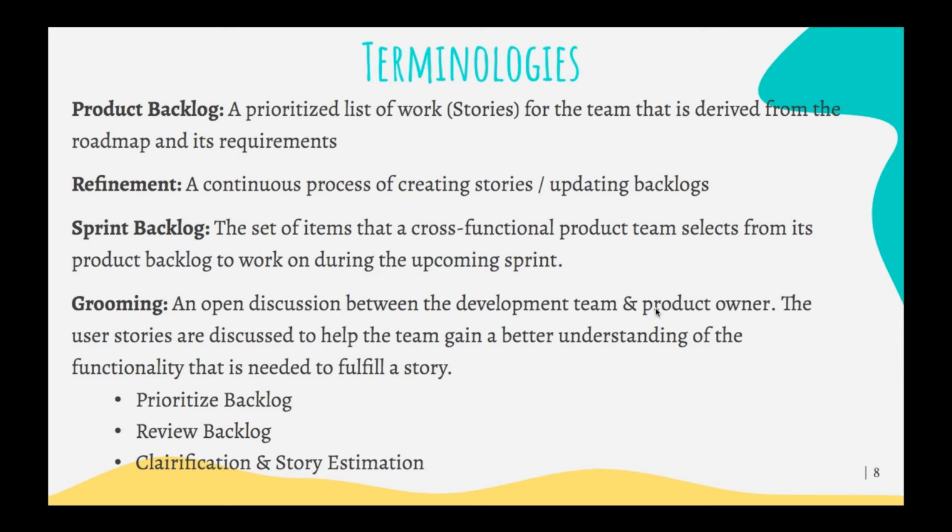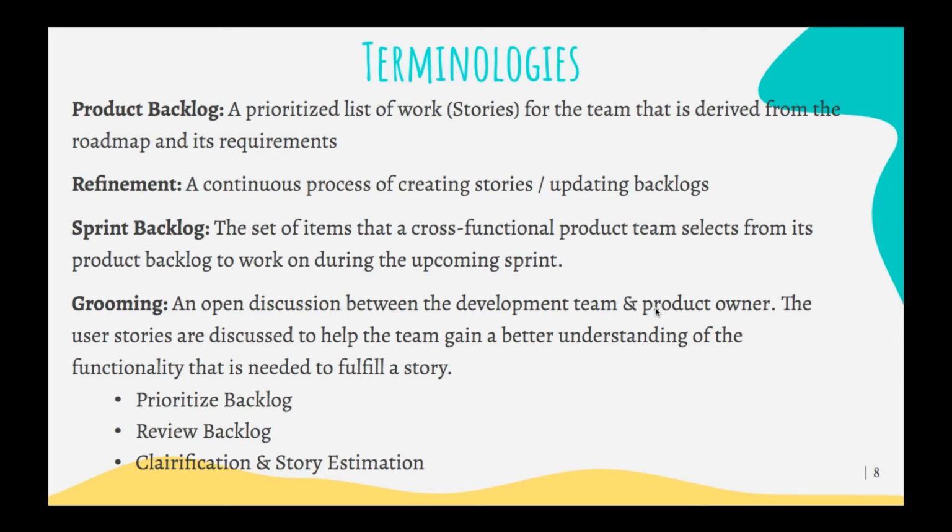What is the sprint backlog? The set of items or stories that are being considered for this particular sprint, what needs to be delivered. Grooming. A grooming session is an open discussion between the development team and the product owner where the stories are discussed in order to explain them to everyone and gain a better understanding.